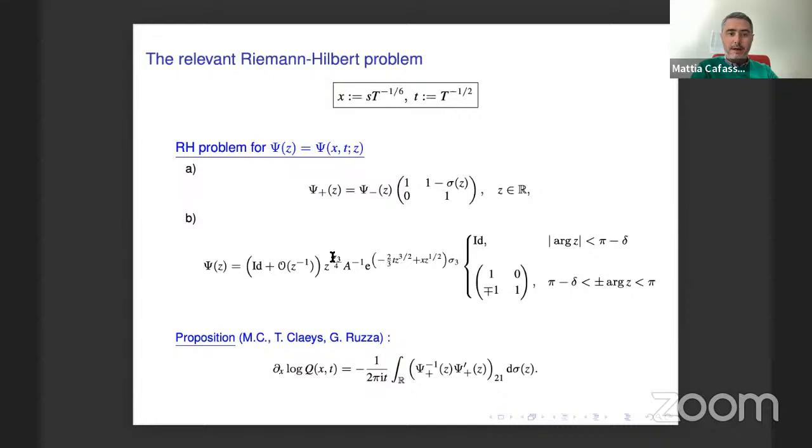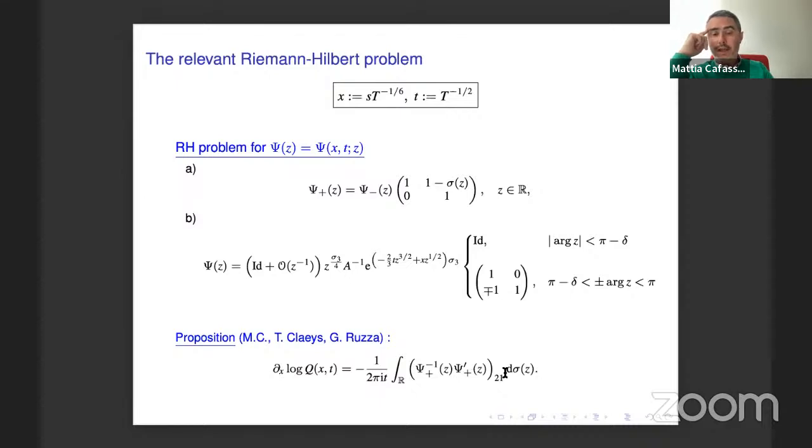You have this z to the power of a Pauli factor sigma_3 divided by 4, a certain constant matrix A, and then the exponential of minus t times (4/3 t z to the power 3/2 plus x z to the power 1/2) multiplied by the Pauli matrix sigma_3. Okay, and what is the relation between this Riemann-Hilbert problem and the Fredholm determinant that we wanted to study? Well, the log derivative of the Fredholm determinant that we want to study can be written as a certain integral of the solution of the Riemann-Hilbert problem on the real line.